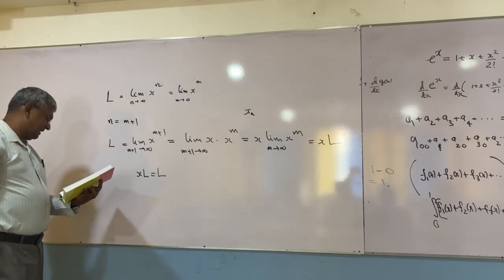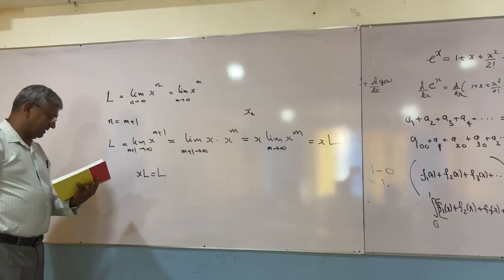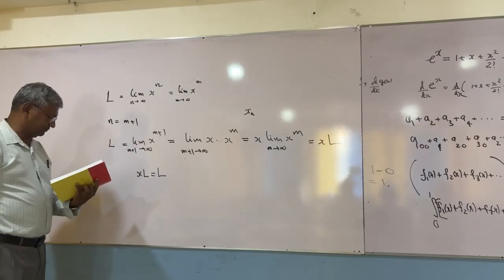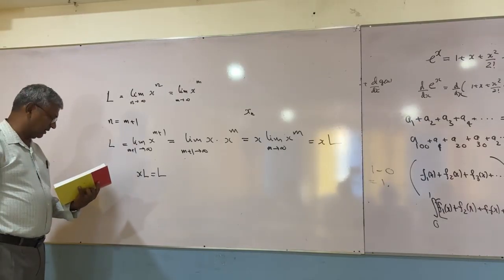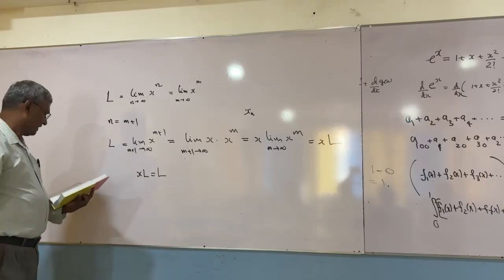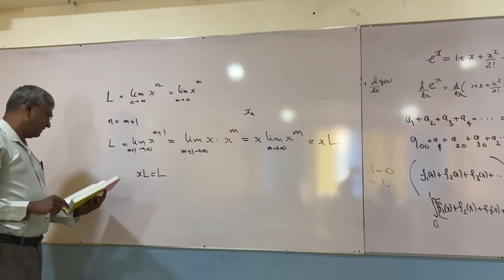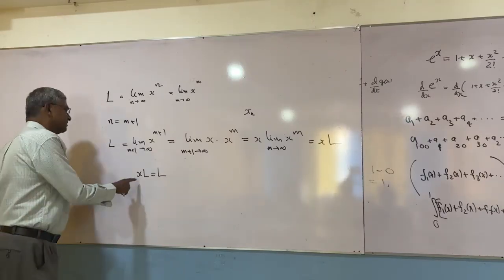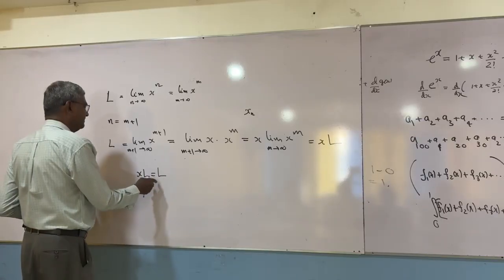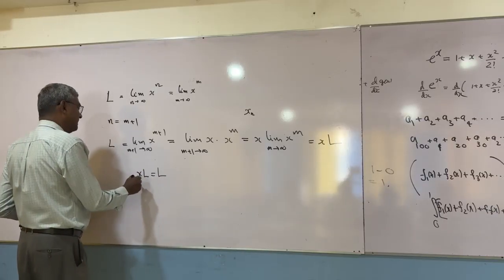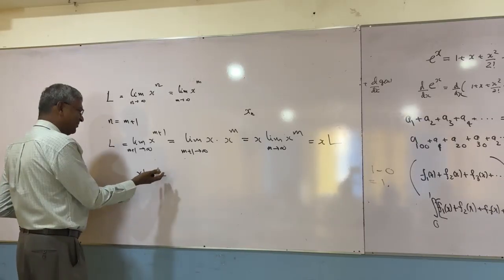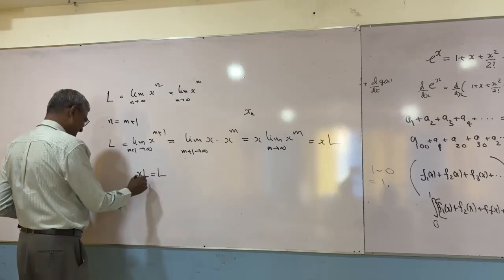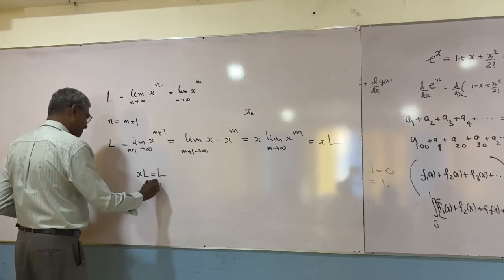Then what does he say? At this point we conclude that x equals 1 for an arbitrary real number x. So if XL is equal to L, if you divide by L, I mean you don't know whether it is 0 or not, then anyway you get x equals 1.